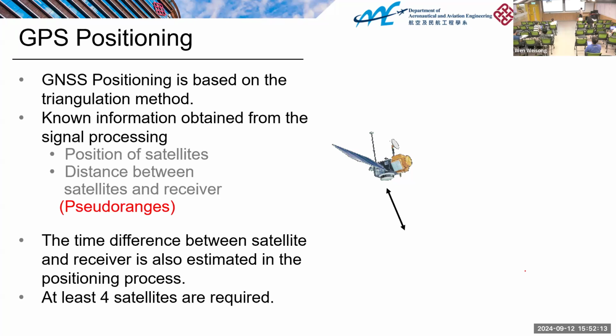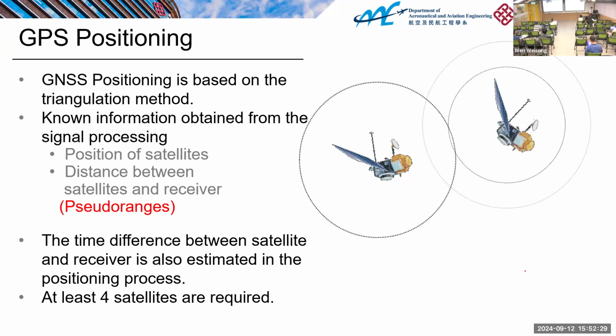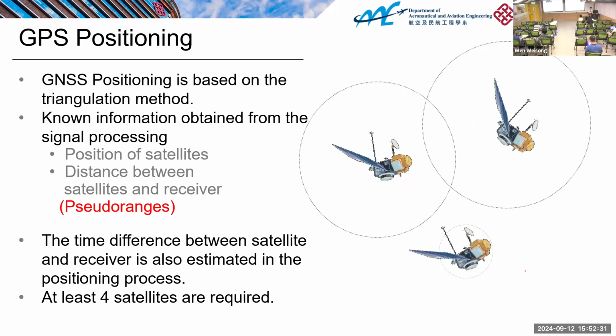GPS positioning is based on triangulation. So what is triangulation? For example, this is one satellite. Based on a given distance, we can draw a circle. If we receive signals from three different satellites, the intersection of the three circles is the exact location of the receiver.